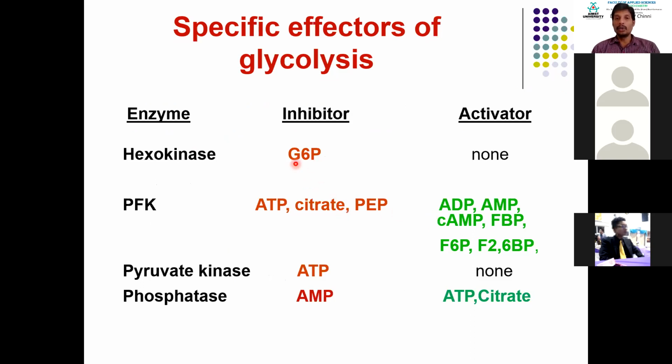So if glucose 6-phosphate is in excess, there is no need to convert glucose into glucose 6-phosphate, so it binds to the hexokinase and stops that reaction. That is the inhibitor. Which is the activating molecule for hexokinase? None.